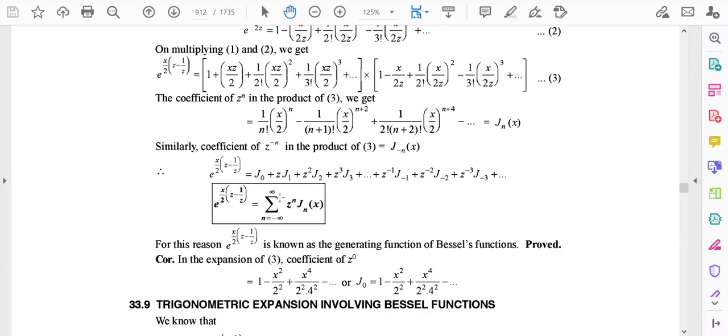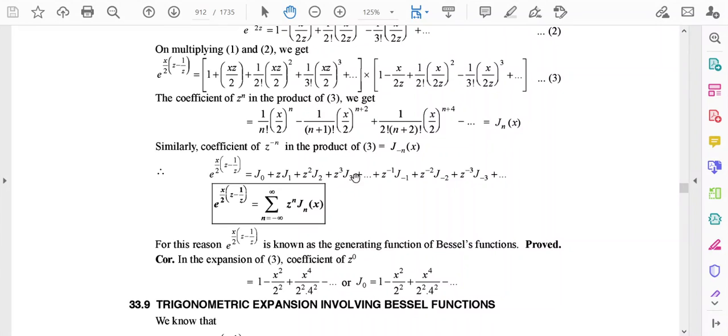Now there is a corollary for this derivation. The coefficient of z to the power n is Jnx. Therefore, if we put n equal to 0 in this series, then you will obtain the value of j0x.